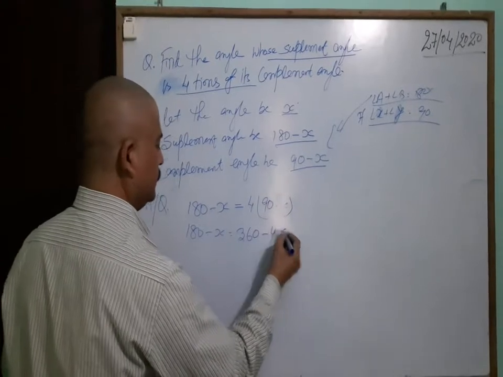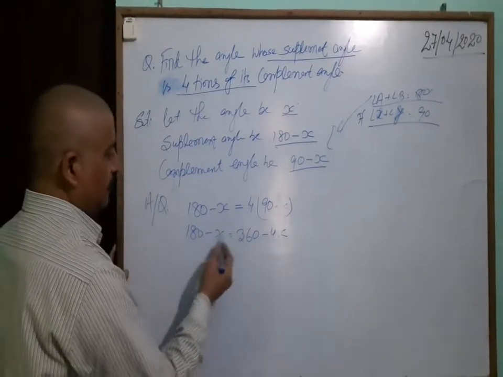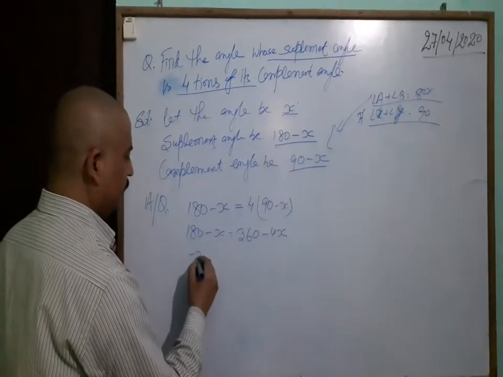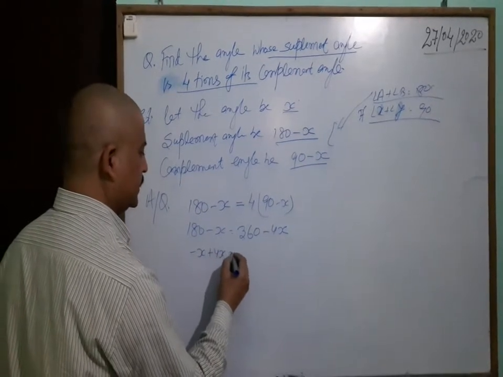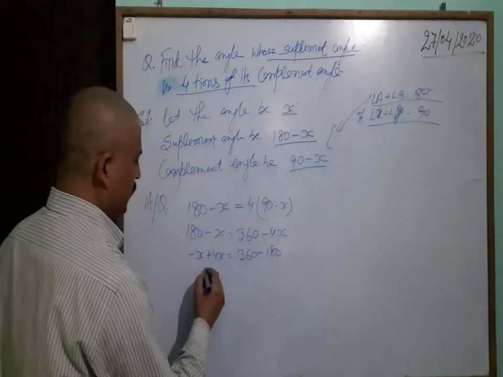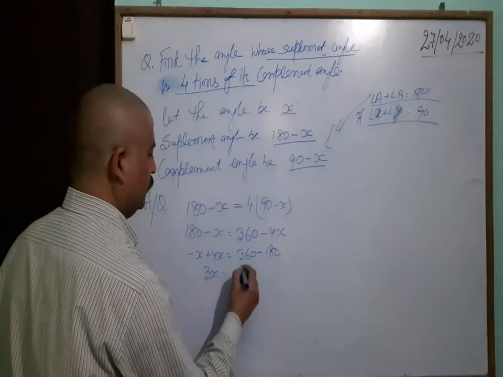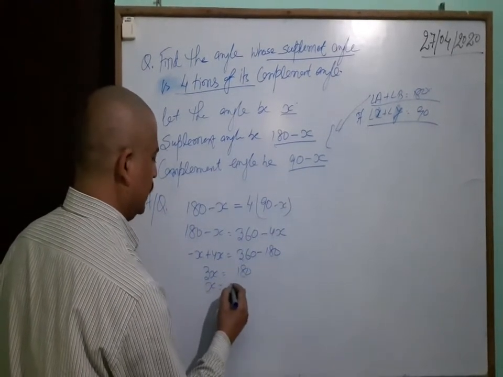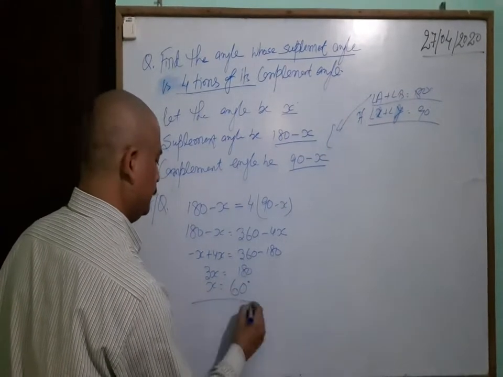By the transposition method, minus x plus 4x is equal to 360 minus 180. So 3x is equal to 180, x is equal to 60 degrees. Then we check it.